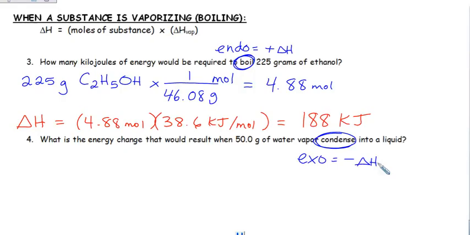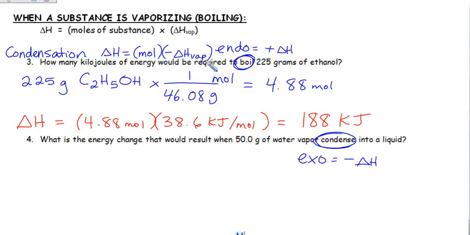So this is for vaporizing or boiling, but if you want to do condensation, we just say delta H equals moles times opposite of the heat of vaporization. That's for condensation. Same change, the energy is just going in the opposite direction. Which means that I do need moles.